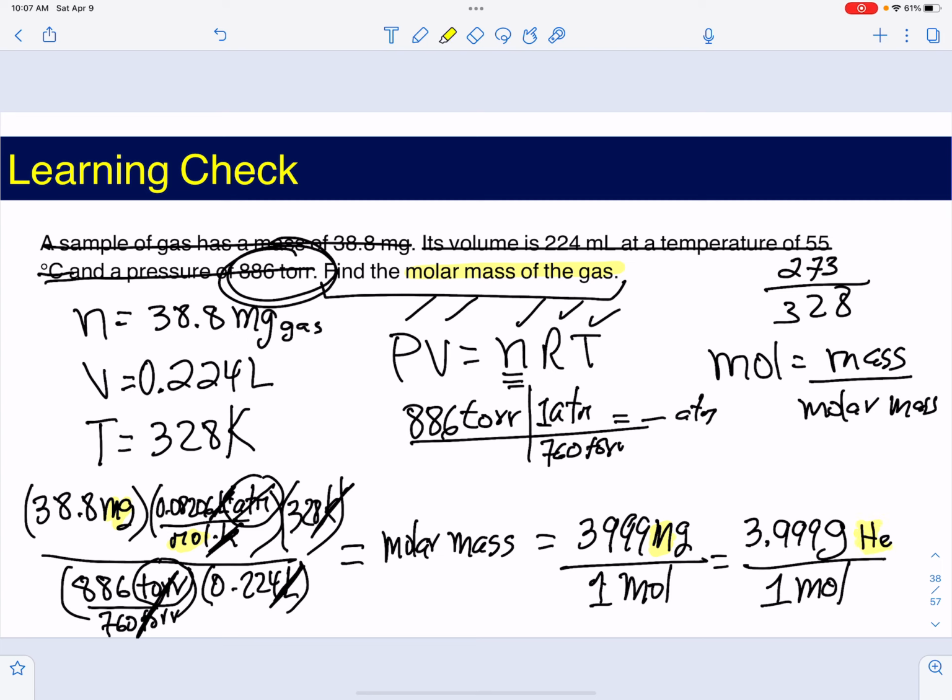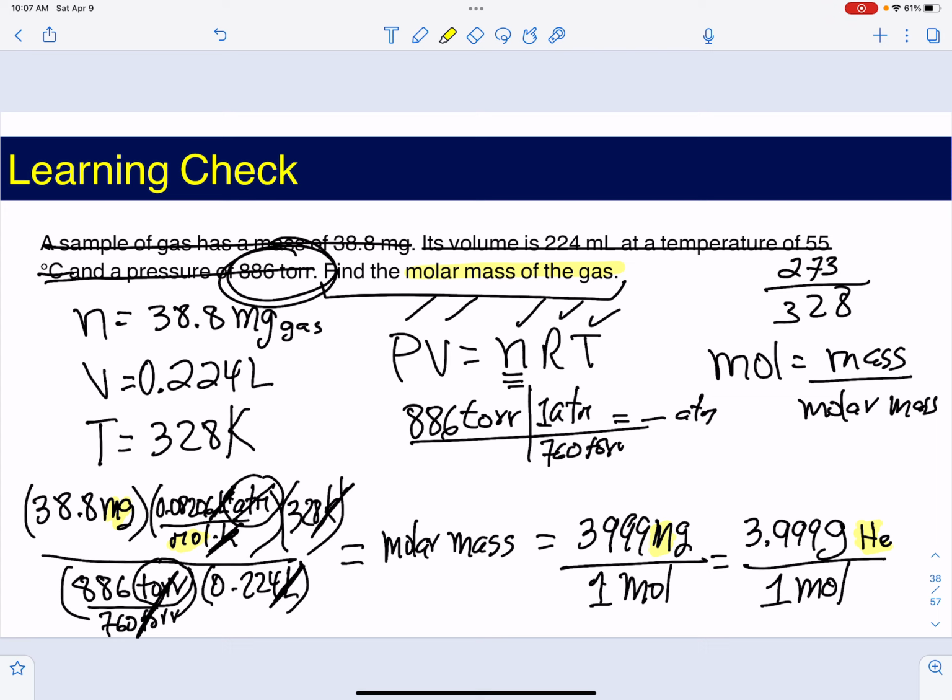So isn't that important? If you happen to go to a place where there's been an accident and you don't know what gas is there, you can get a sample, put it in a container, get the pressure, get the temperature and all that, and you can find the molar mass. And you can say, everybody can go in there, it's safe enough, you're only gonna be talking funny for a while, as long as there's oxygen available, right?